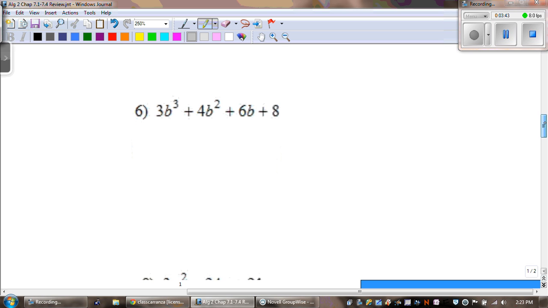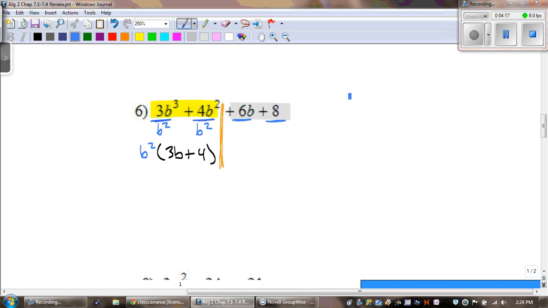Okay, number 6. Is there a GCF? Nope, nothing we can do. Okay, so once again, we're going to break them down into the two groups. And the first one, we can factor out a b squared. So the b squared comes out front, and we're left with 3b plus 4.